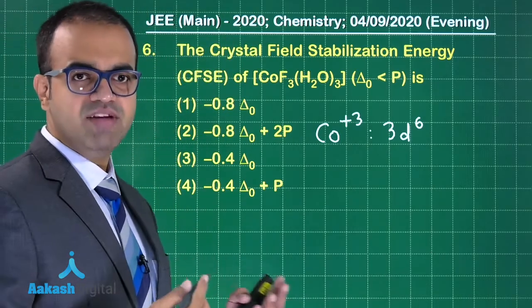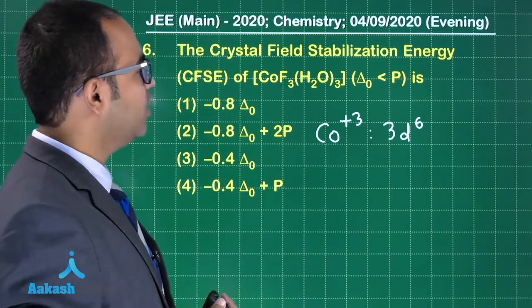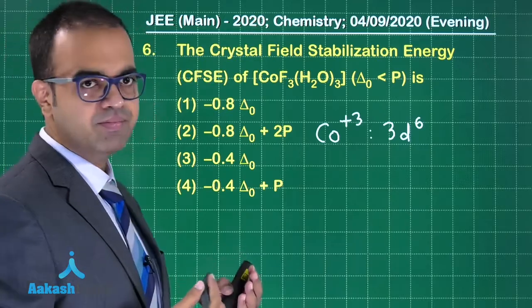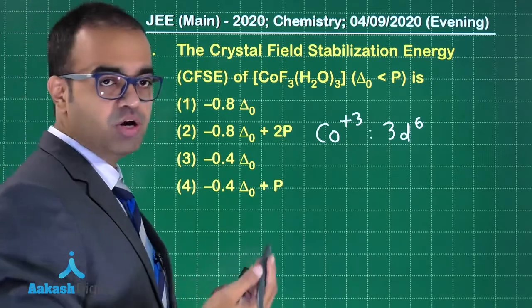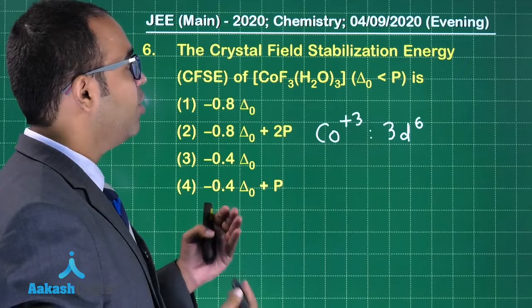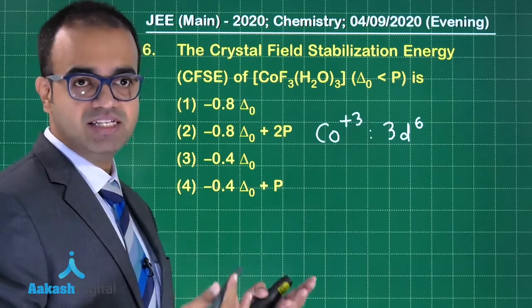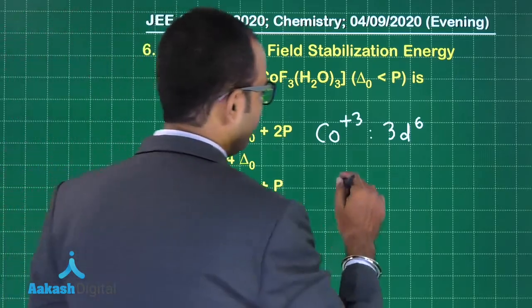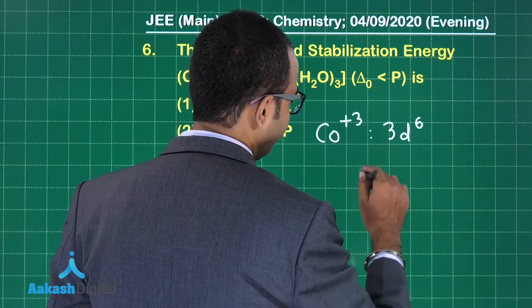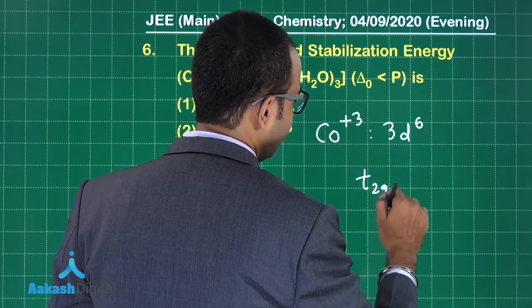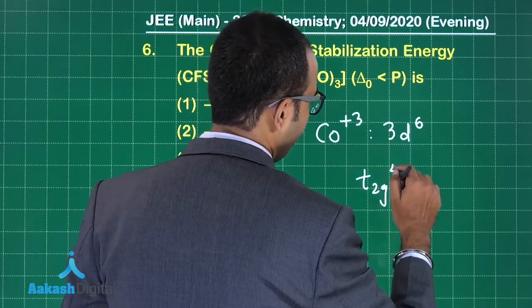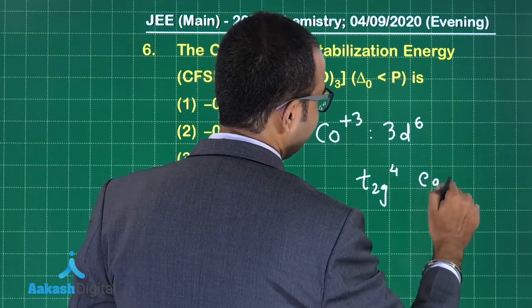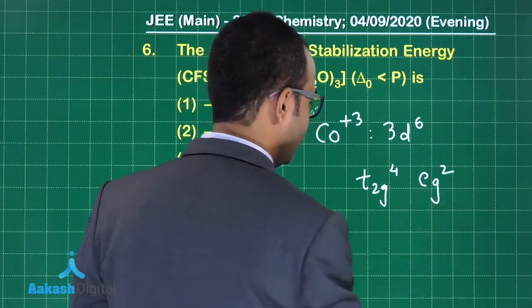Fluorine and H2O are weak ligands. So because they are weak ligands, for pairing I require more energy, and for promoting the electrons I require less energy. That's why this will be written as t2g will have 4 electrons and eg will have 2 electrons.